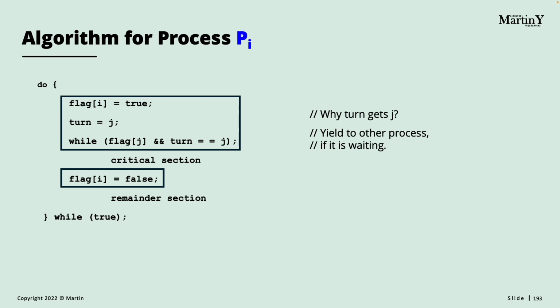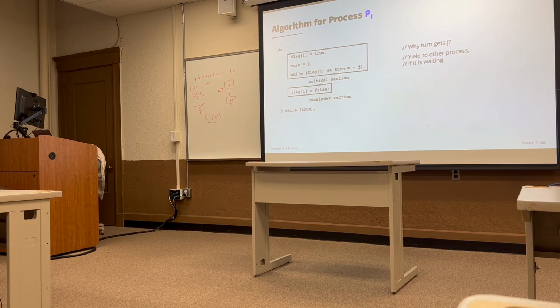And i is going into a while loop where it wants to make sure that it's not the flag j is true, which it is true, and it's going to loop while it is turn j. So as you can see, it transferred the turn here, correct?